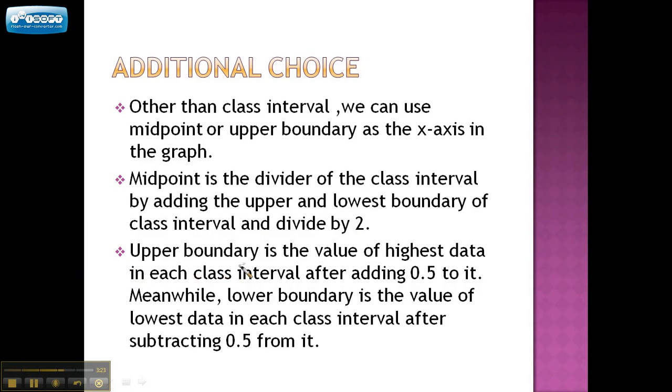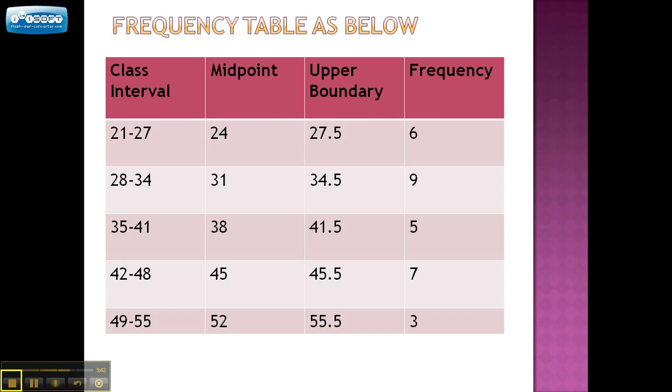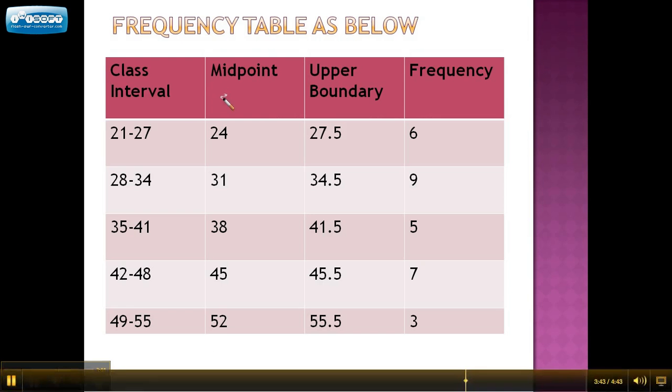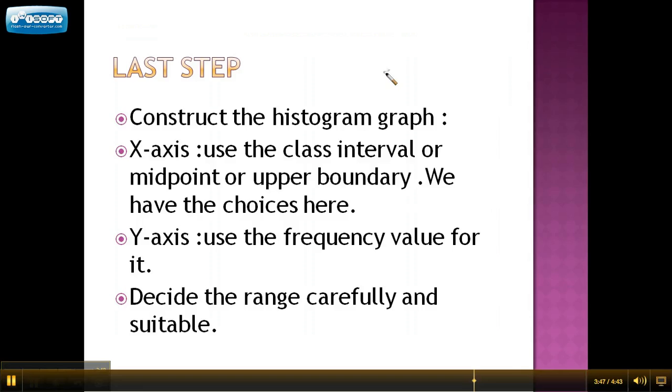Meanwhile, upper boundary is the value of the highest data in each class interval after adding 0.5 to it. Meanwhile, lower boundary is the value of the lowest data in each class interval after subtracting 0.5 from it. And this is the example of the frequency table that I have done.